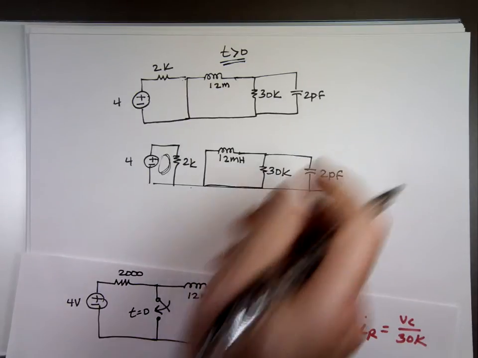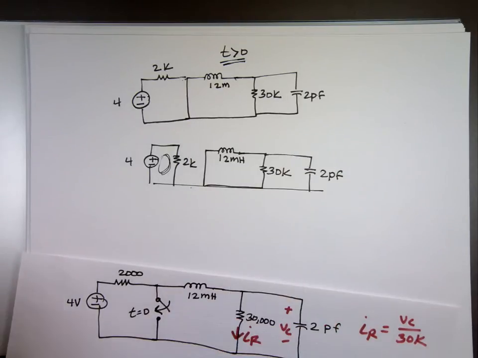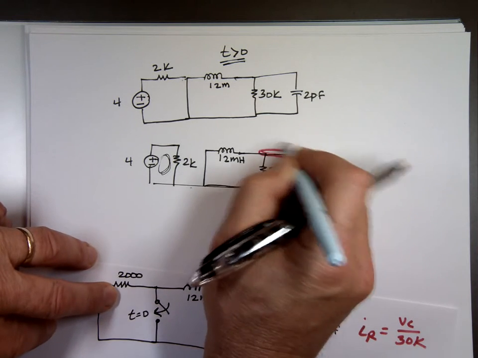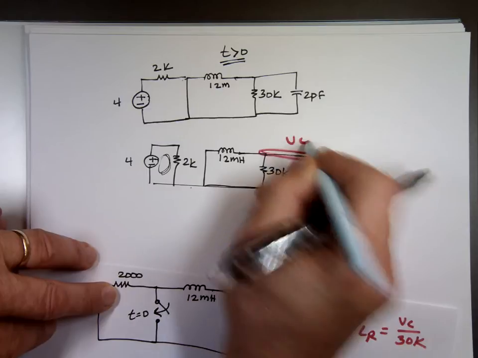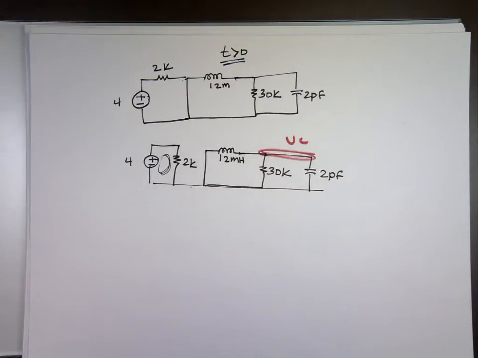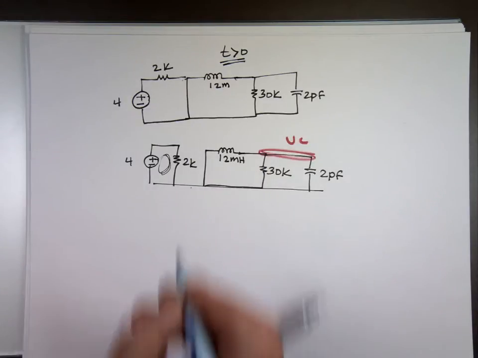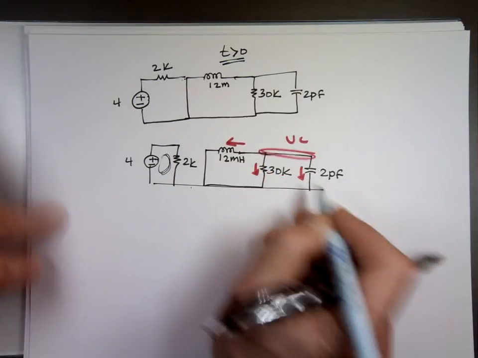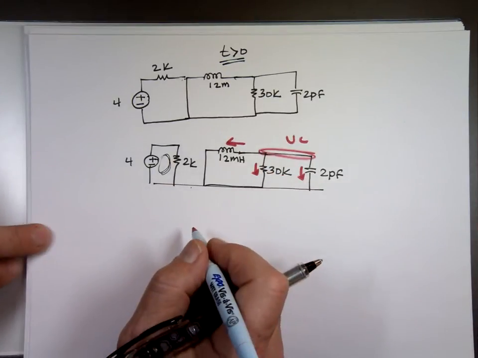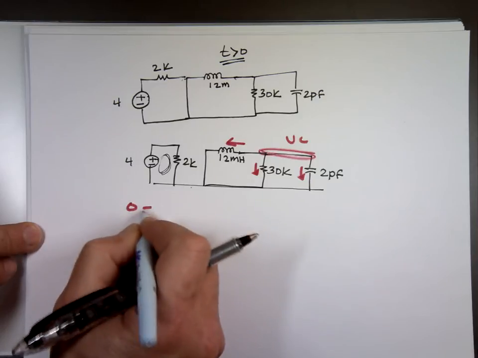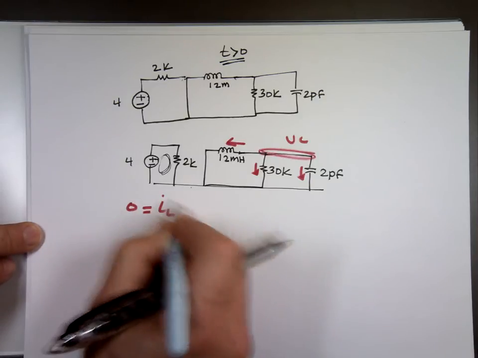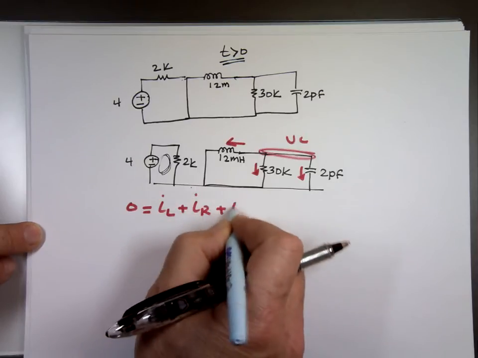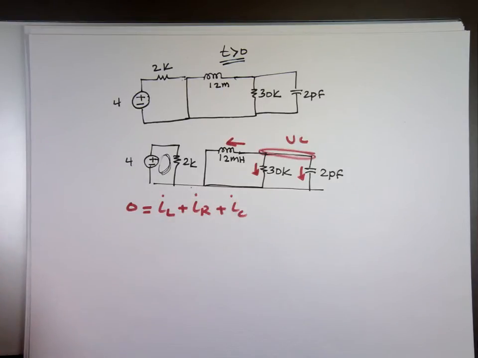If I do KCL at this node, this is VC here. KCL at that node. Define current going this way, that way. 0 equals I sub L plus I sub R plus I sub C. All of them, I define them leaving.